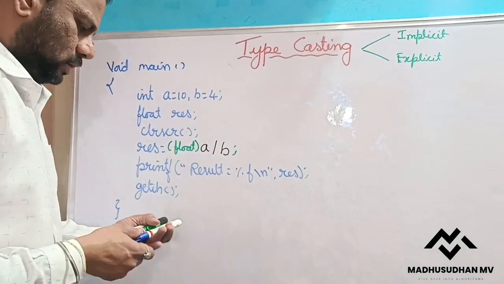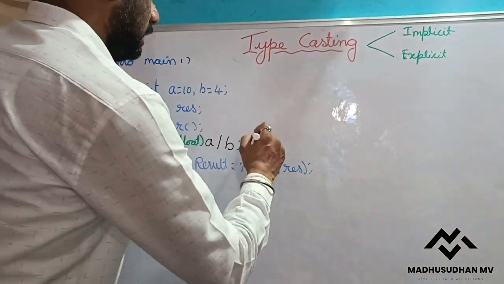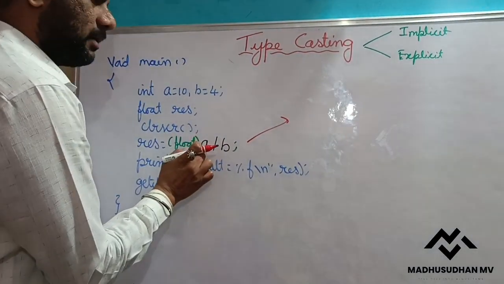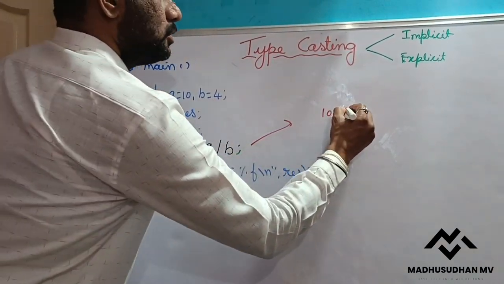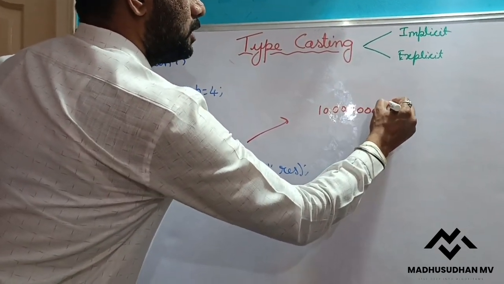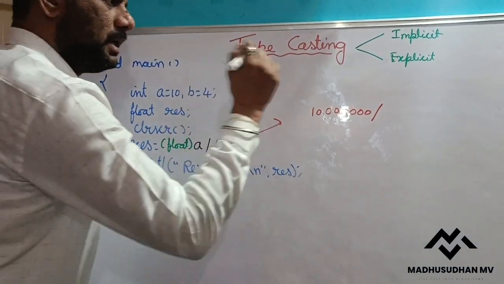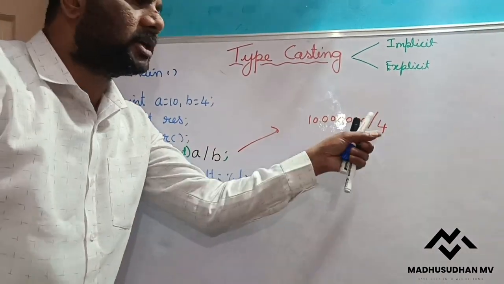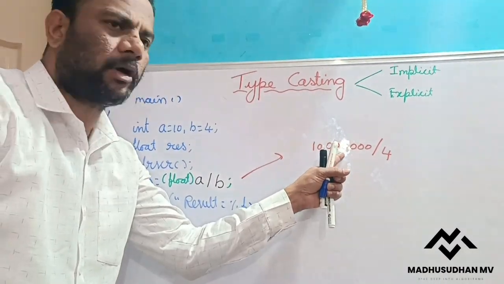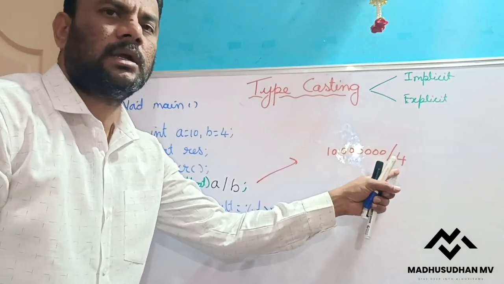So this will be written as this line: a becomes float, so it becomes 10.0. b is not converted, it is as usual 4 only.